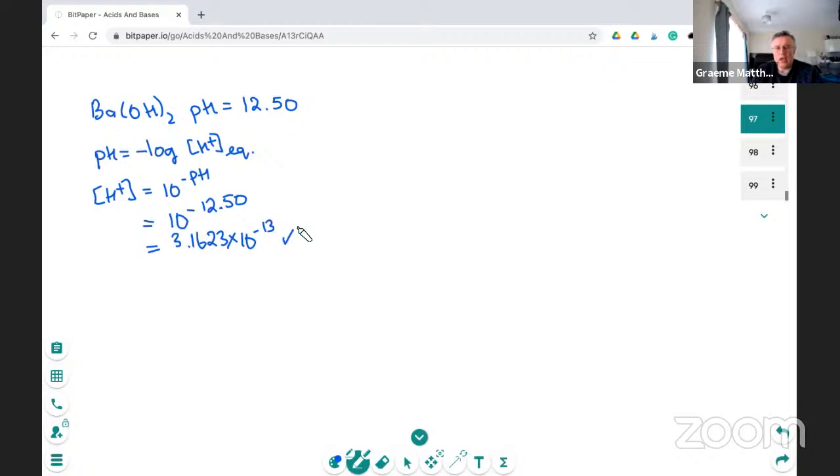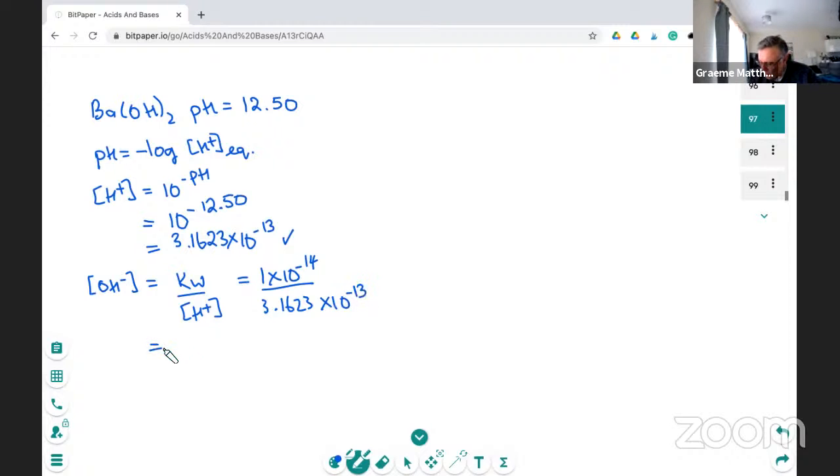Now, having said that, you're thinking, I now need to get the hydroxide ion concentration. So the hydroxide ion concentration is going to be Kw over the hydrogen ion concentration, which is 1 times 10 to the minus 14 over 3.1623 times 10 to the minus 13.